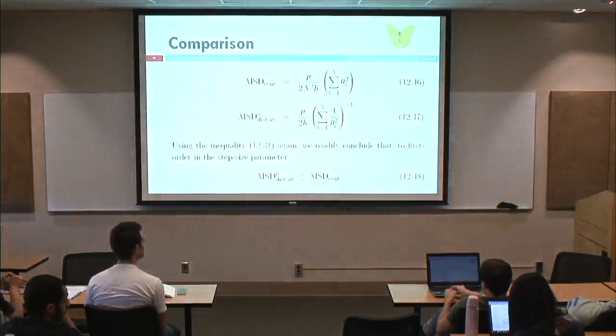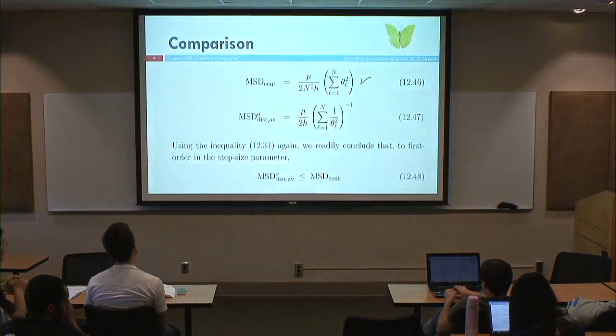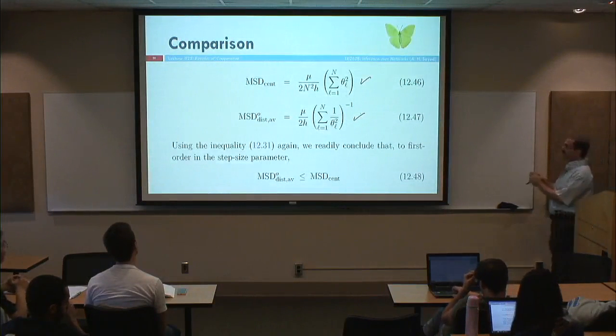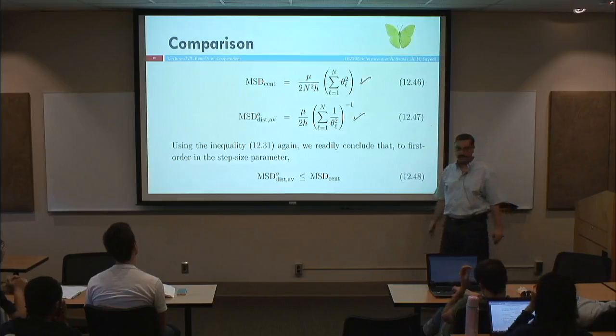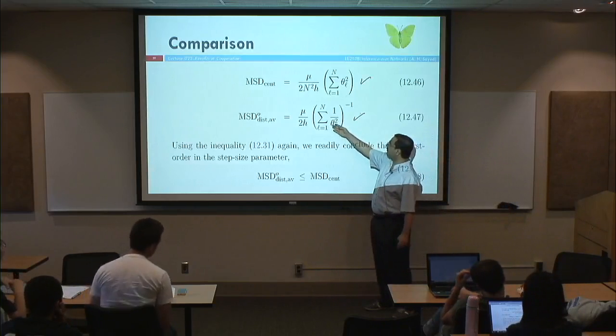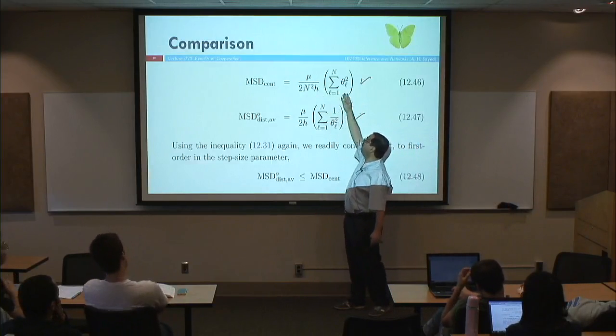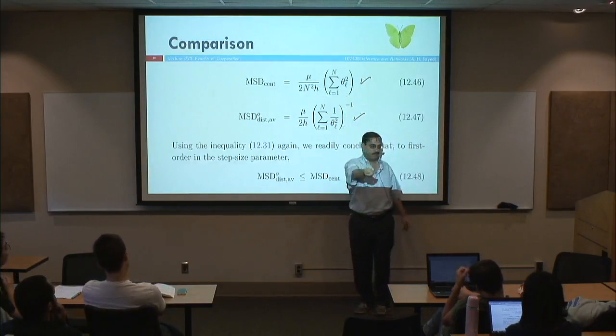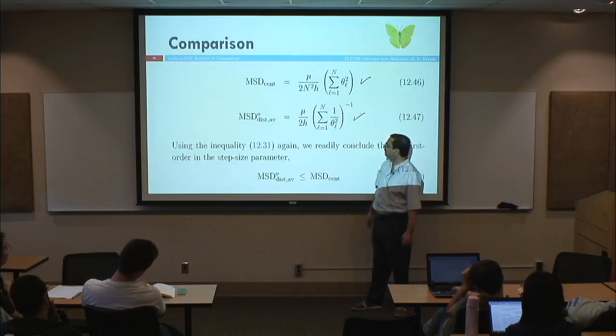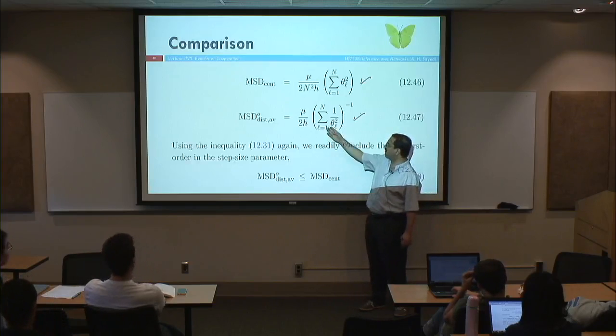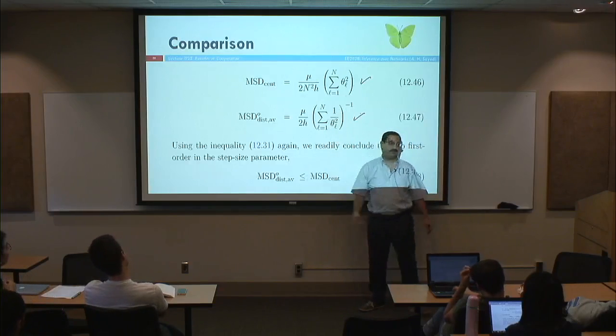So now I already did the comparison with the centralized solution, that the optimal distributed solution performs better. Why? Because you see here you have 1 over N, the sum of the thetas, that's the usual average. And here you have the inverse of the sum of the 1 over theta squares.